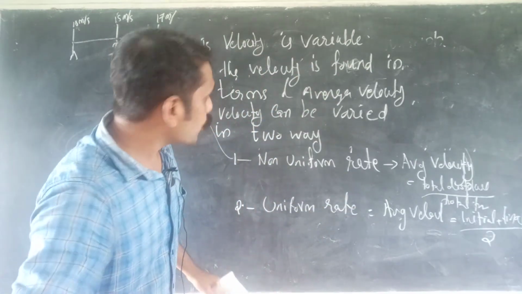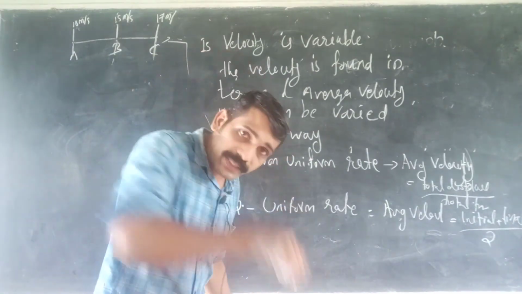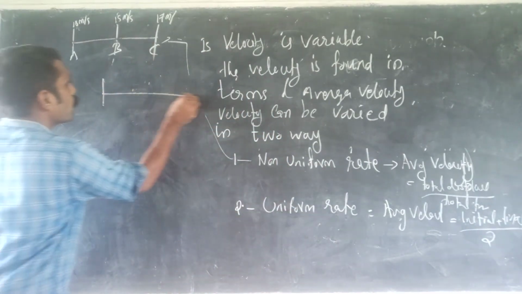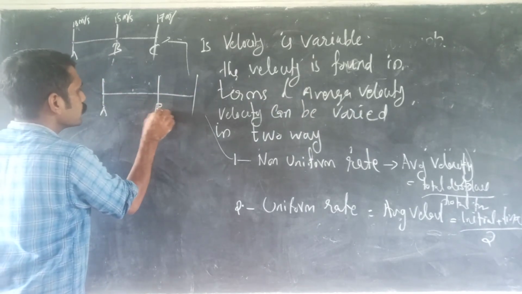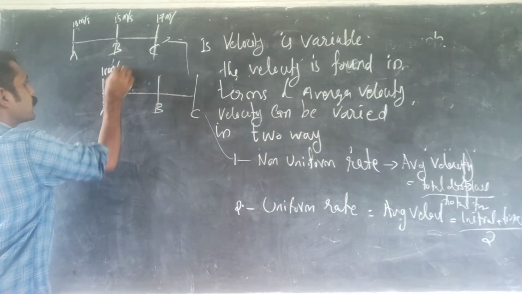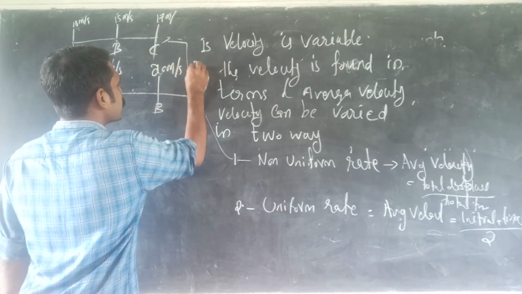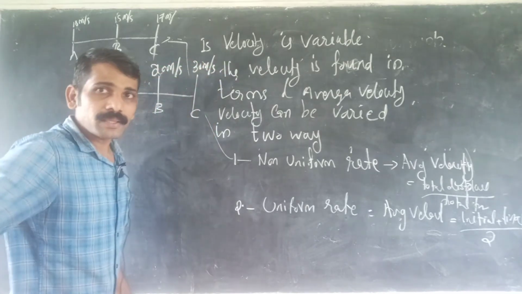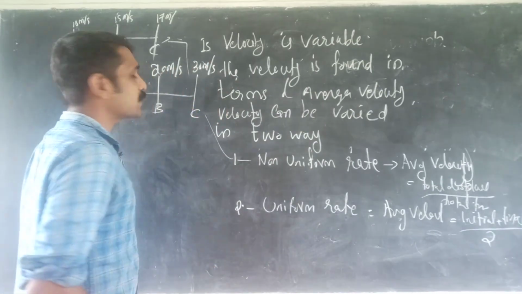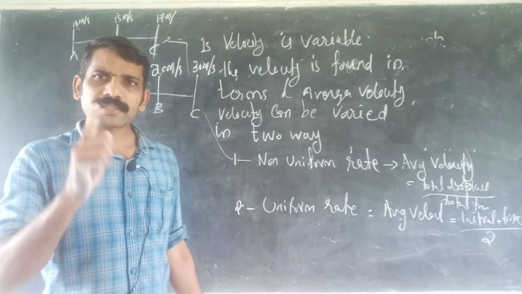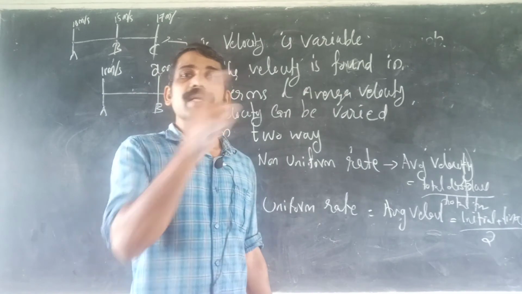Okay, if the object is moving or velocity is changing in uniform rate, then suppose A, B, C. Velocity of object is 10 meter per second at A, at B is 20 meter per second, at C is 30 meter per second. 20 meter per second means in 1 second it travels 20 meter. 30 meter per second means in 1 second it travels 30 meter.